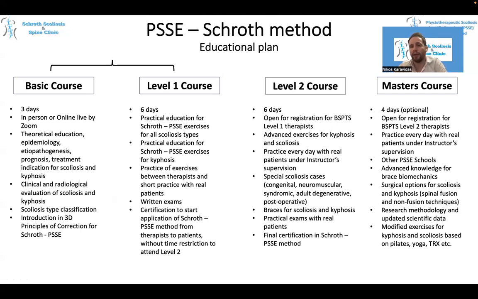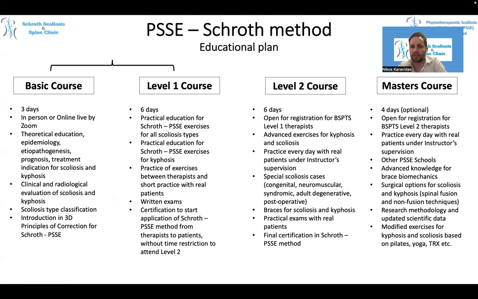There will also be an optional master's course for 4 days. This will be open also for registration for a BSPTS level 2 therapist, but for those people that come from BSPTS level 2 or those that joined level 2 after BSPTS 1, this course will be 6 days, not 4 days, because we will need a little bit more time to discuss with them about the differences and the new way of application of the technique.